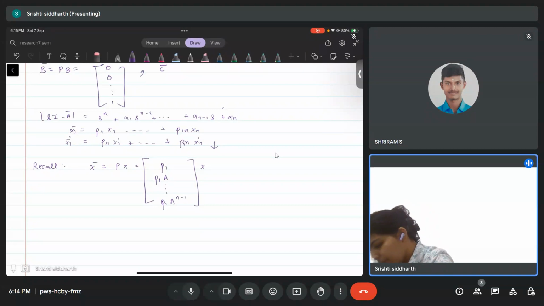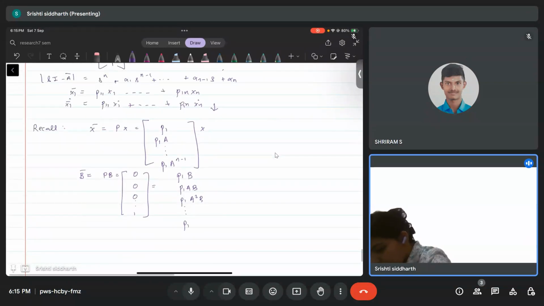Correct. Similarly, you have for the transformed system B bar, which is PB. This should be 0, 0 and 1 throughout, and this is actually P1B, P1 times AB, P1 times A squared B, all up to P1 times A to the power n minus 1 B.